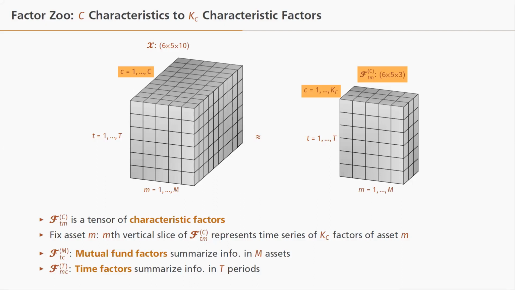For fund number 2, this would be the time series of C characteristics, and this would approximately summarize the C characteristics. This would be a different set from the first. Yes, they're all different. These slices would be approximations to these. So the dimensional reduction here is from C to KC. Got it.